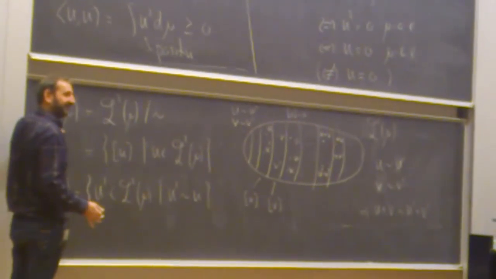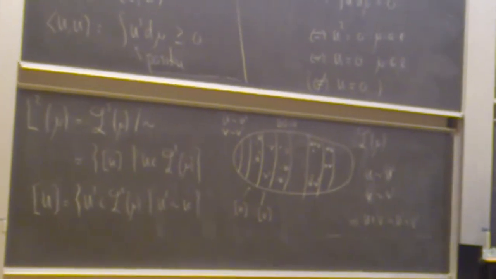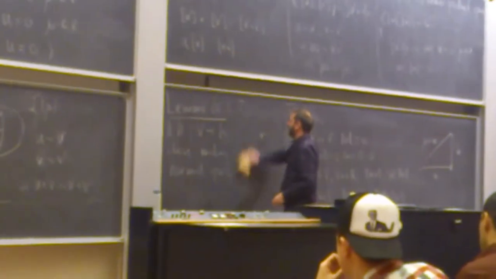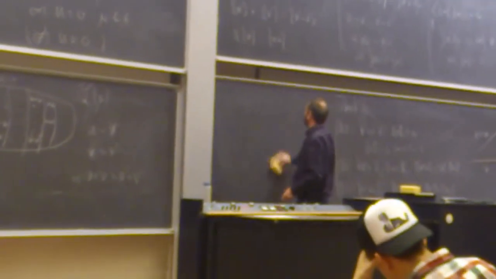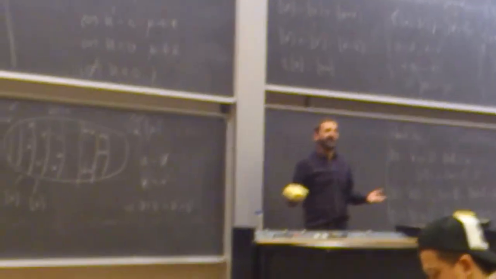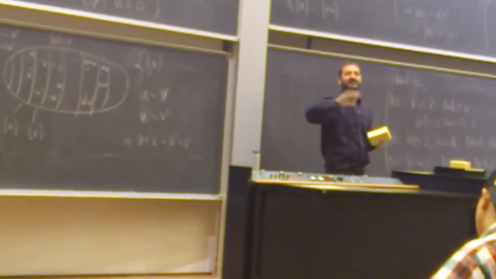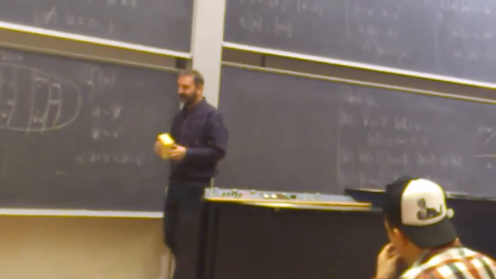So what kind of objects are they? I'll just say a couple of words about that. If you have two functions which are equal almost everywhere, then you can identify them, because they only differ on a small part that you can neglect completely.